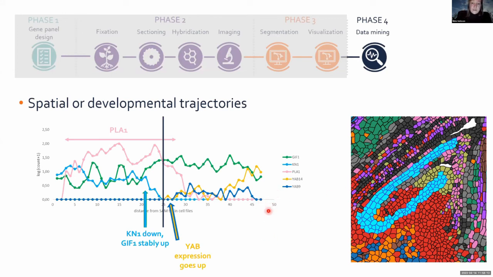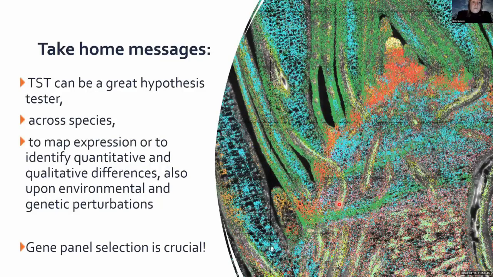Then you can plot, for instance, these 5 genes along this path, and you can see that indeed, when knotted 1 goes down, some differentiation markers start to go up, but we see that there are some other genes also playing a role. And so this trajectory really corresponds to a trajectory that was done in the Scanlon lab using single cell data. So with this, I hope that I have shown that targeted spatial transcriptomics can be a great hypothesis tester.